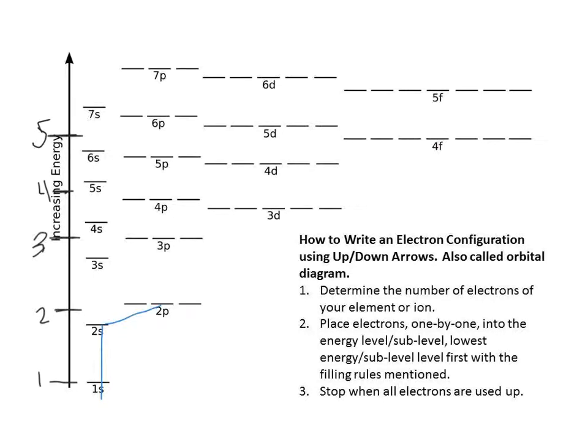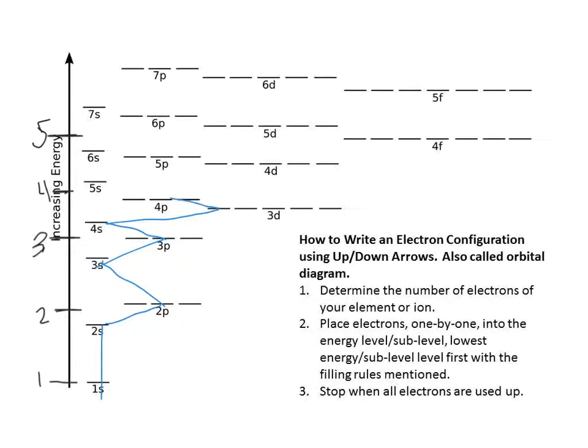Remember, the second energy level has split into 2s and 2p. Then we're at the 3s. Then we're at the 3p. Then we're at the 4s, not the 3d, because the 3d is slightly higher in energy than the 4s. Even though the third energy level is lower in total energy than the fourth energy level, when they split up, there is some overlap between the two energy levels.